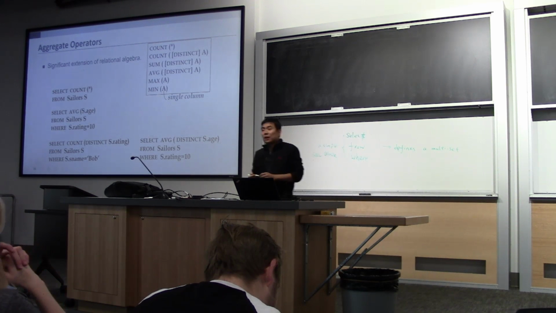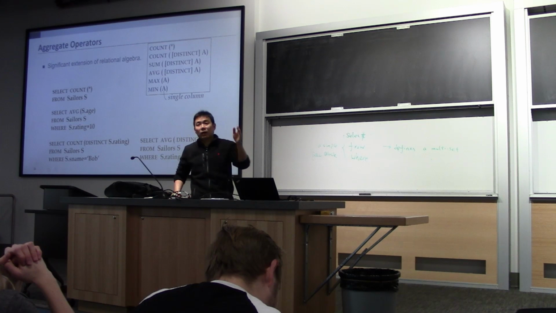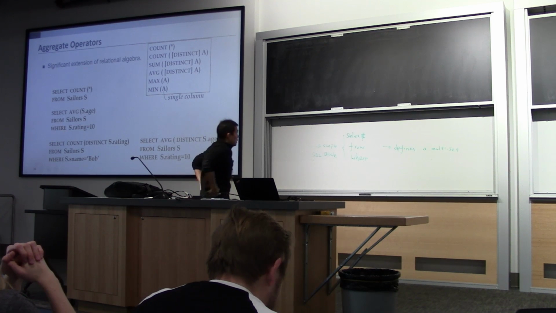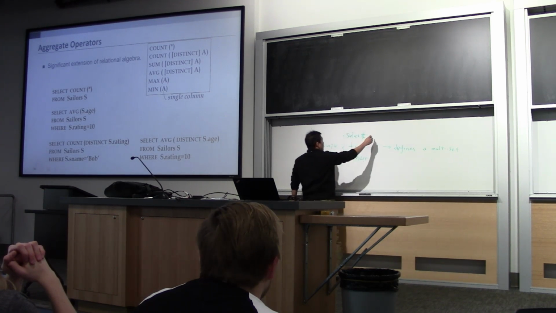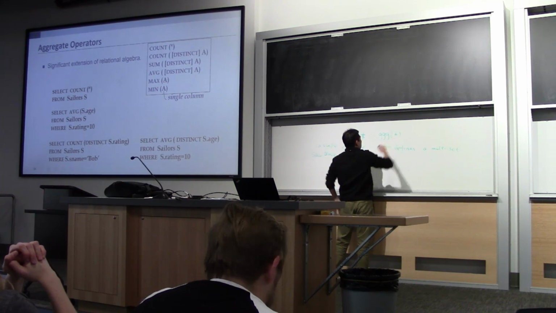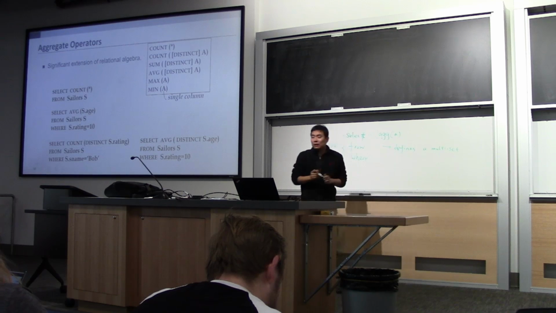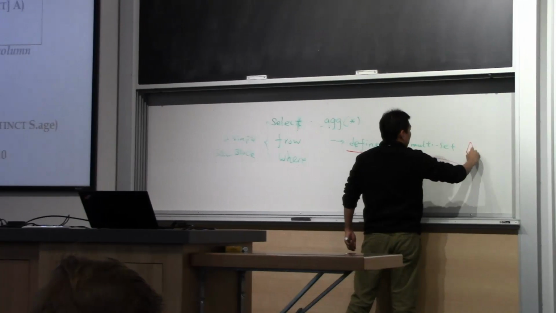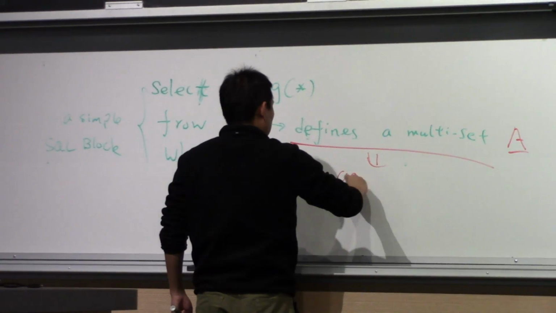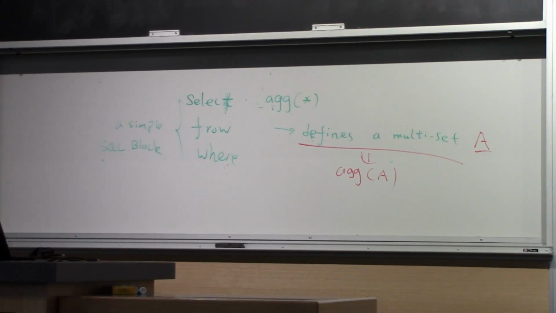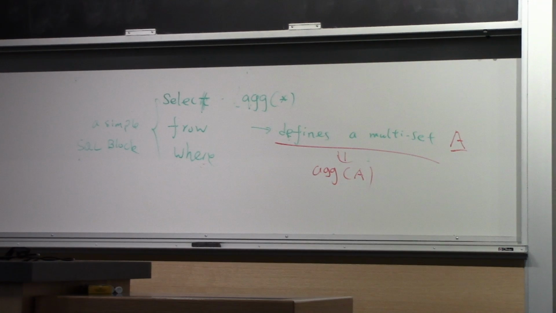Because we talked about this many times. By default, projection in SQL, which is the select clause, does not remove duplicates. Does that make sense? So this actually defines a multi-set. If you have some aggregation operator over this, the way you understand it is that I simply apply this aggregation over the multi-set A. That's the way you understand all these aggregation operations in SQL.